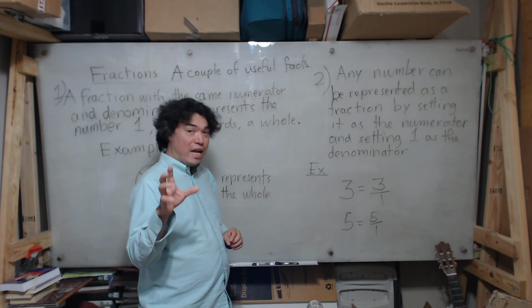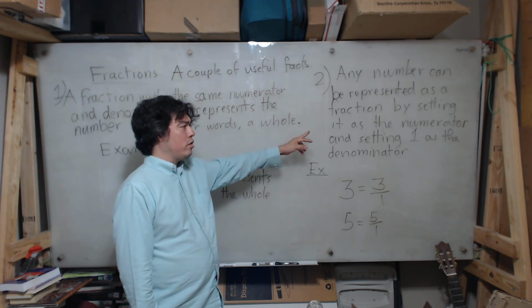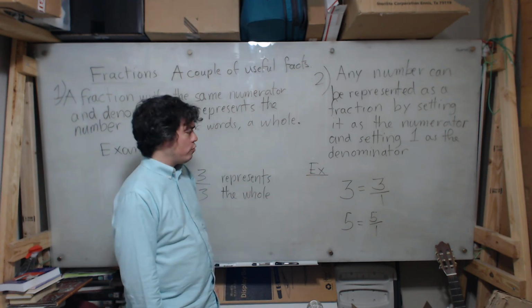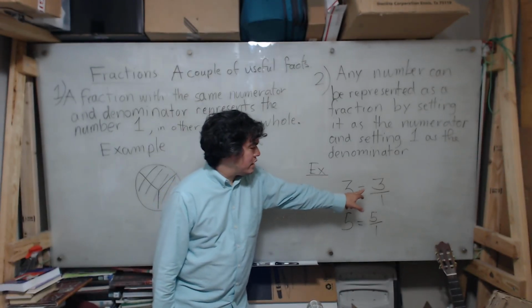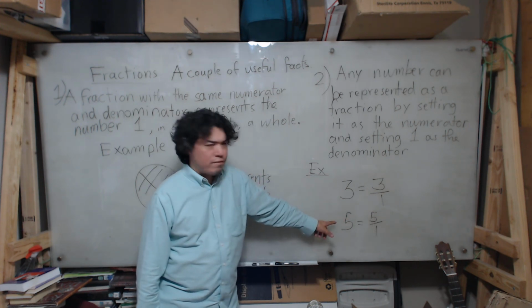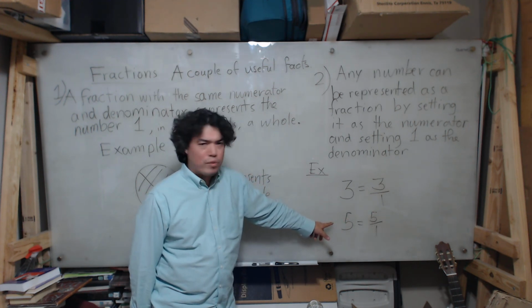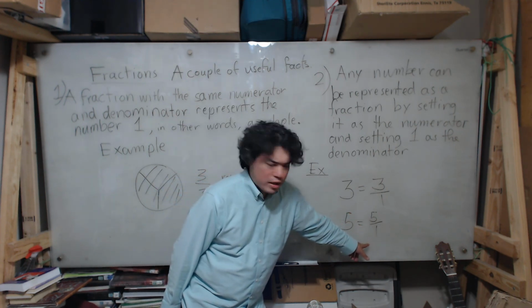I can represent any number as a fraction by setting it as the numerator and setting 1 as the denominator. For example, I can represent the number 3 as a fraction by setting 3 as the numerator and 1 as the denominator. I can represent 5 as a fraction by setting 5 as the numerator and 1 as the denominator.